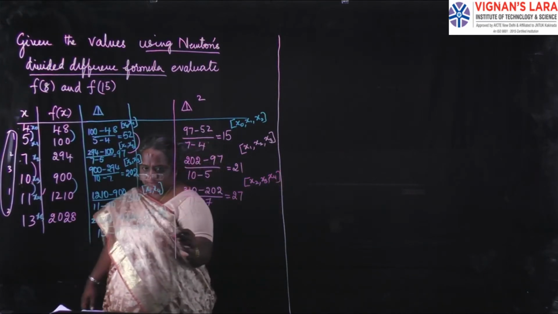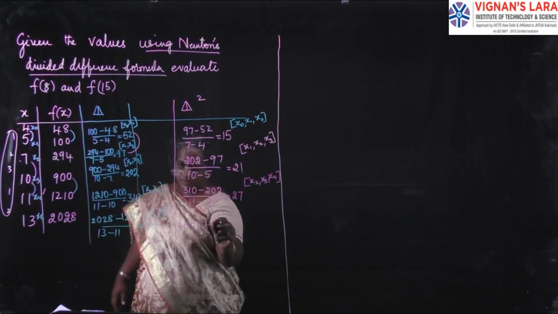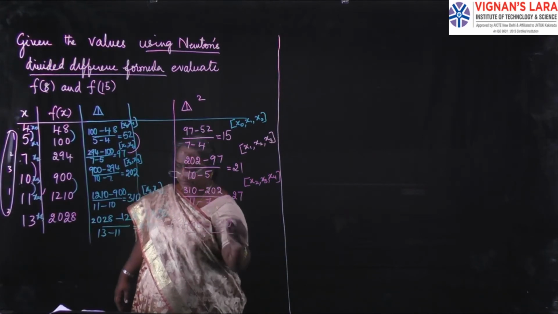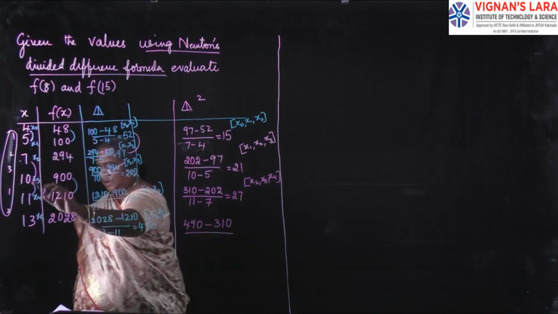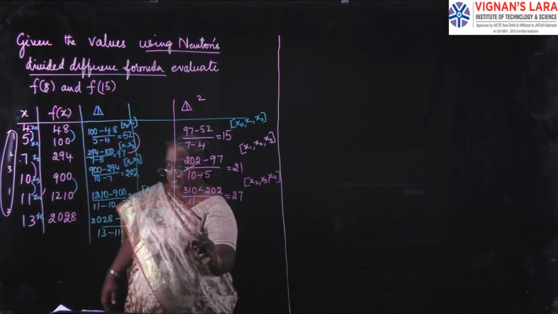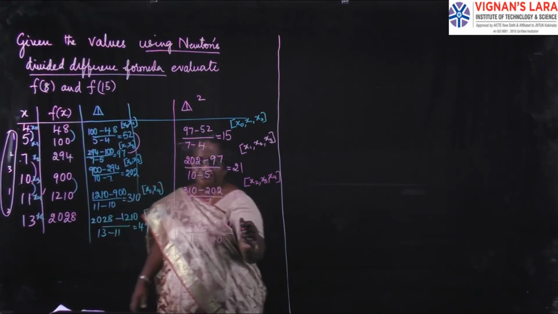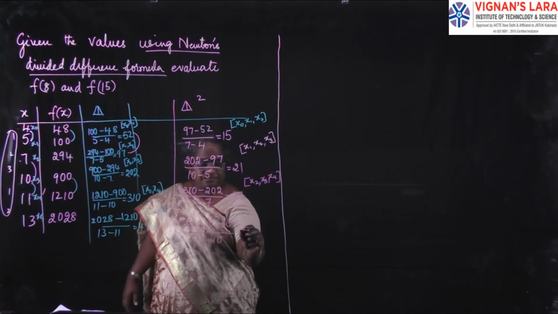Now the last one. 490 minus 310 by, next 3: 10, 11, 13. 13 minus 10, x5 minus x3. So this is equal to 33.